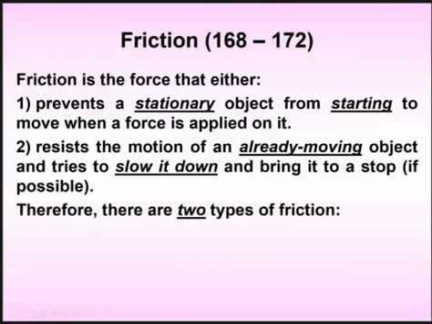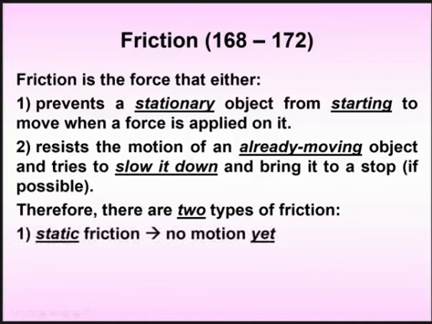Therefore, we have to define two types of friction. What's the scientific word for something that doesn't move? Anyone know? Static. Thank you. Static friction is when the object is not moving yet.